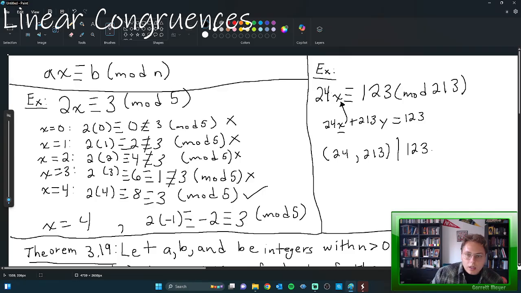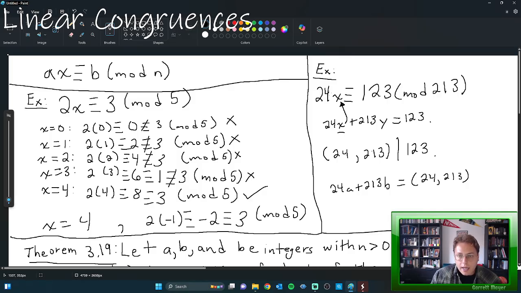So let's use the Euclidean algorithm to solve for the GCD and then use that to create some equation where 24a plus 213b equals the GCD of 24 and 213. And then we can scale up to get x and y and 123.